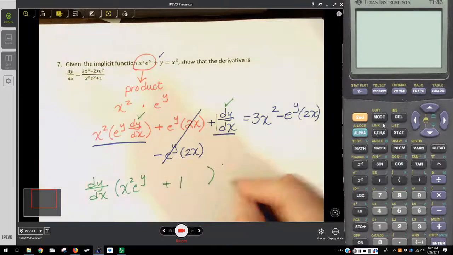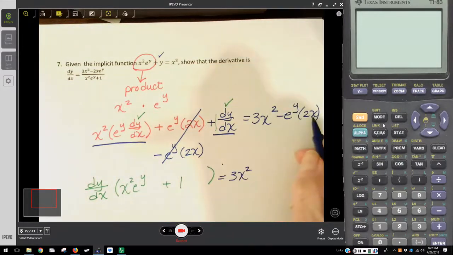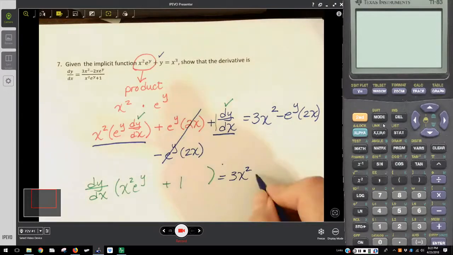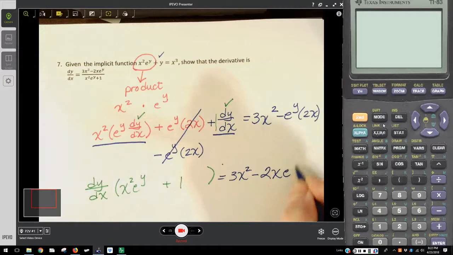And that is equal to 3x squared, and it usually is better to write 2x in front of the e so that you don't lose track of the x. So that's 2x e to the y.